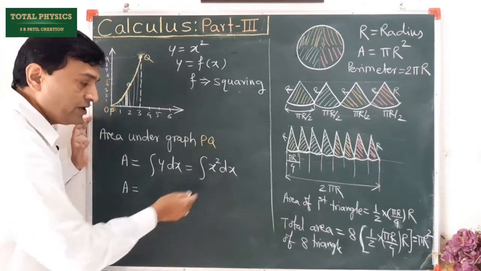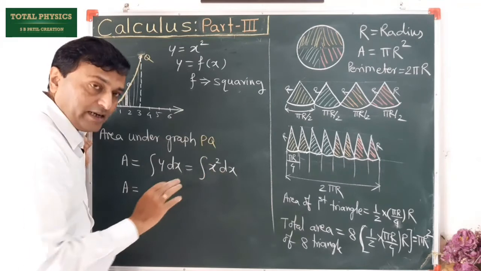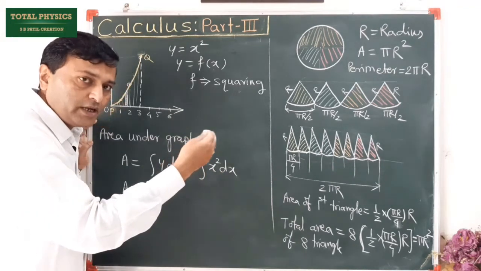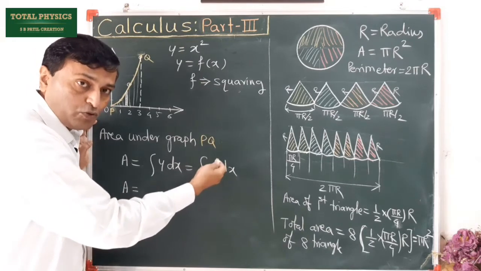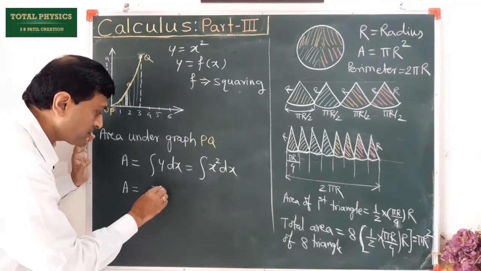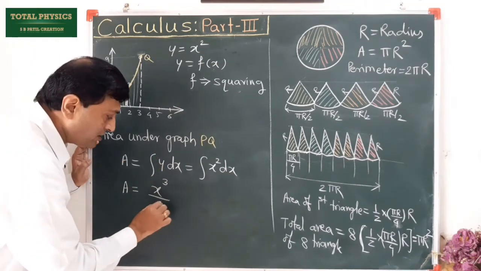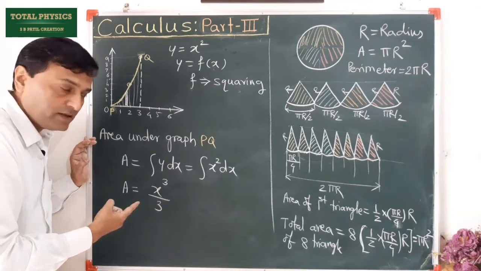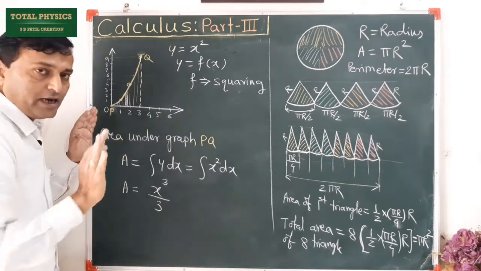How? We have seen the formula. If x raised to n is there, then the formula is x raised to n plus 1 upon n plus 1. Here x is raised to 2. Then the answer will be x raised to 3 upon 3. This is the answer. But I want the range from 0 to 3, up to this point. I want the area.